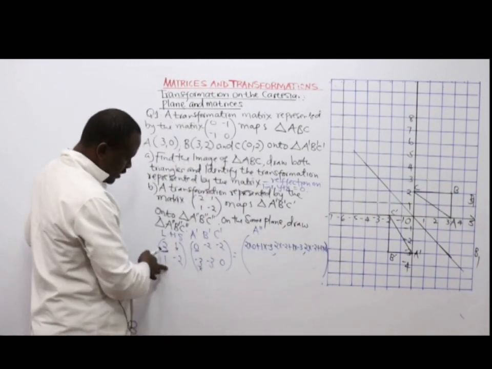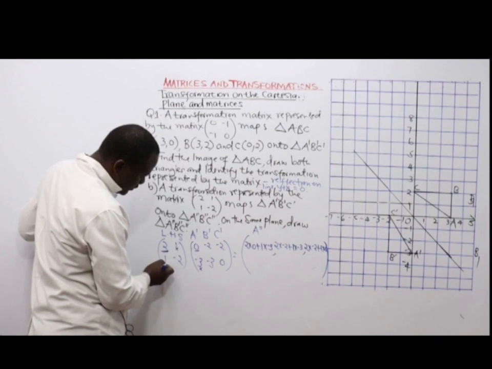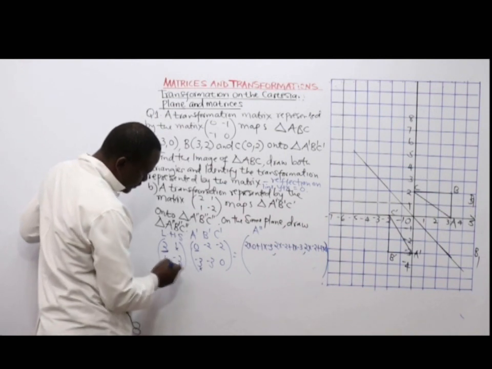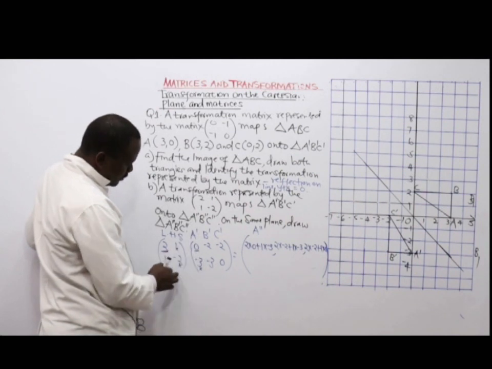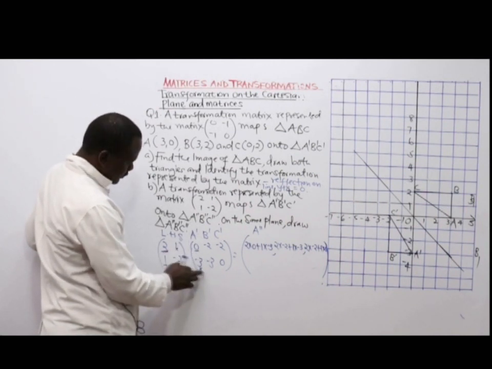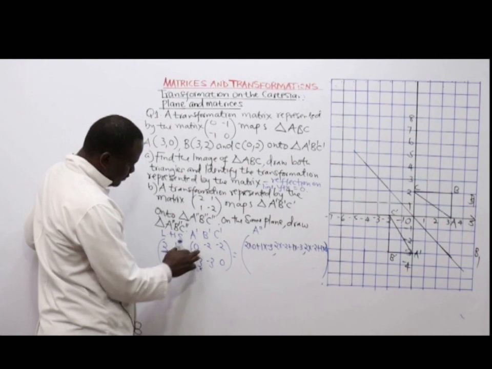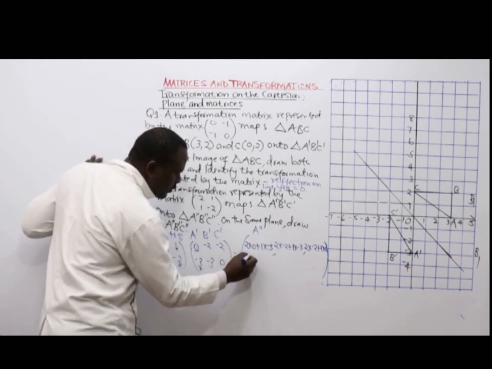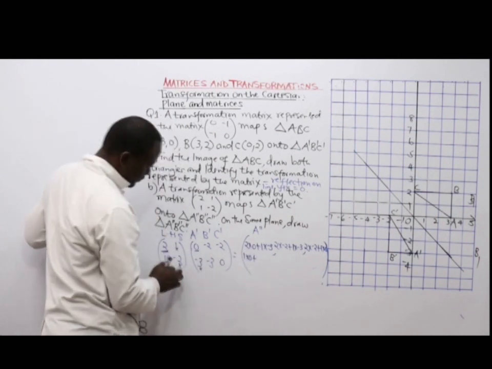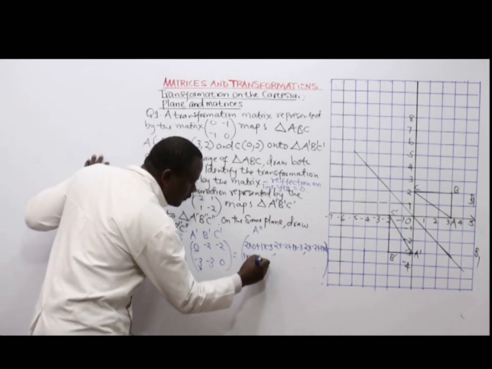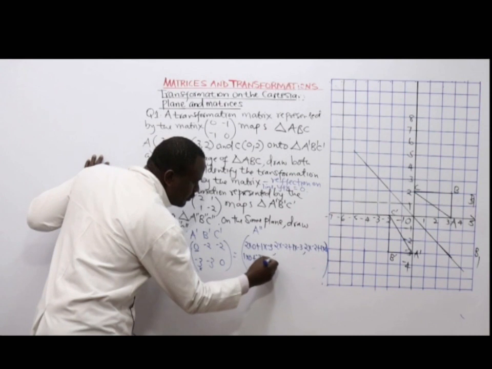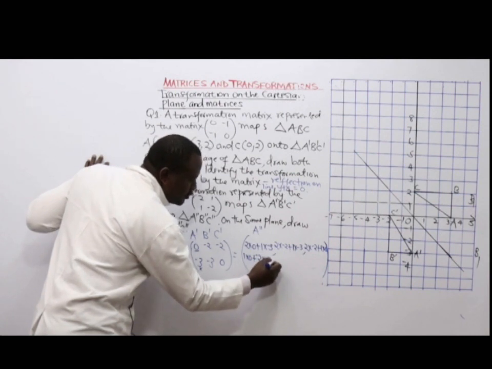Then we do the same here. Now this and this, where I put a dash, a star, or an X. 1 times 0 plus negative 2 times negative 3. You add those two.